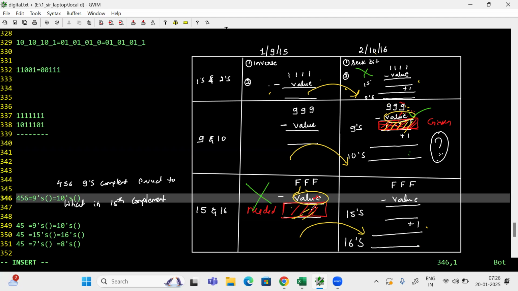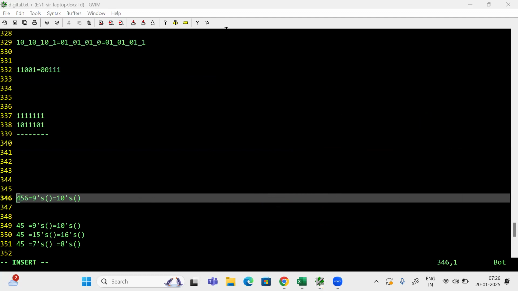Okay, I'll rub this first. Okay, 456. A ninth complement I need. What is the value according to you? What is the value you got? 543. What is the value here? Okay, leave it. Tell me how to do it. 456.